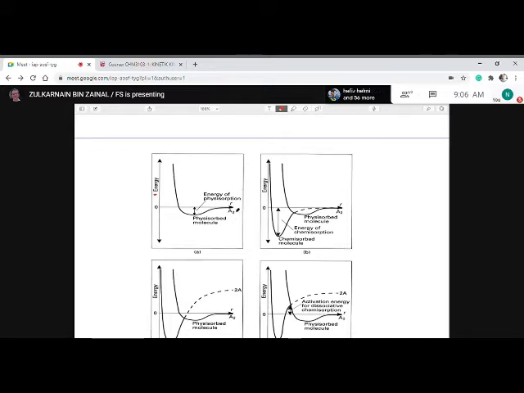So for the physical adsorption process, you have got a molecule, say A2 molecule. A2 is the molecule, right? So you can see this is the molecule here. So A2 will be approaching the surface to a certain distance from the surface.